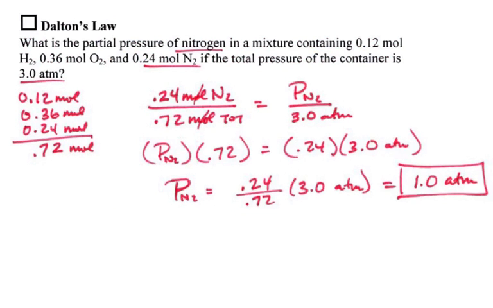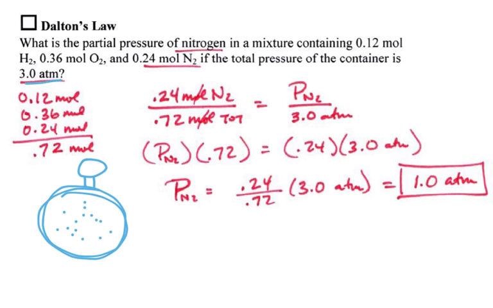Okay, next problem is Dalton's Law, and this is talking about a mixture of gases. If I had 3 different gases together in the same container, and together all those gases cause a pressure of 3.0 atmospheres, this is my little pressure gauge up here. The idea is every gas causes the same amount of pressure.